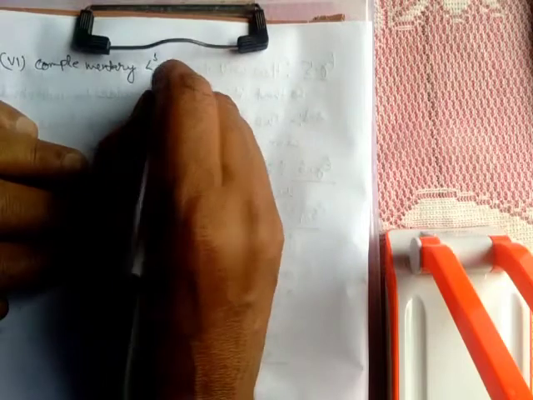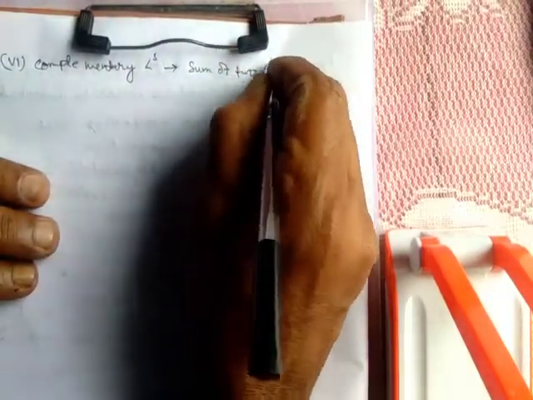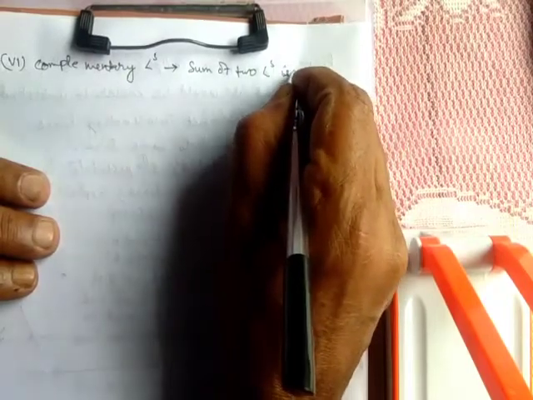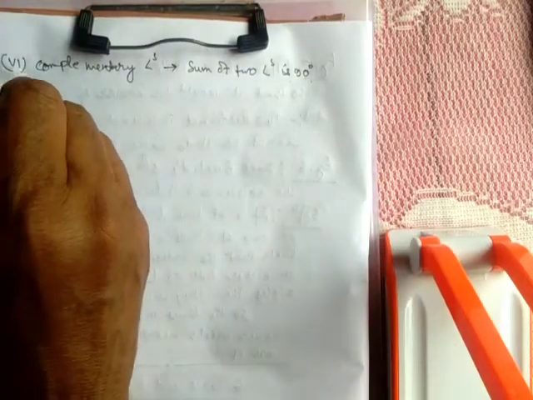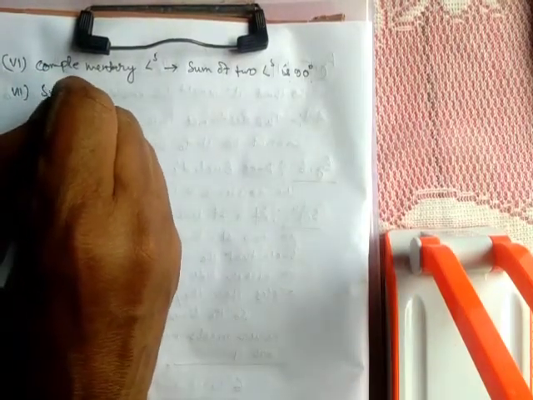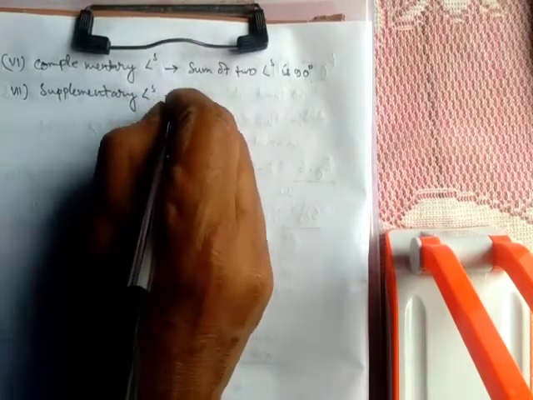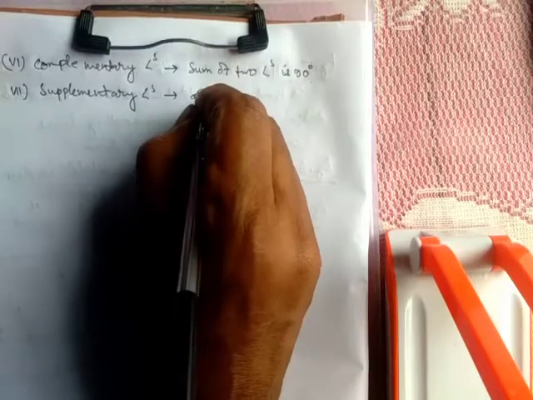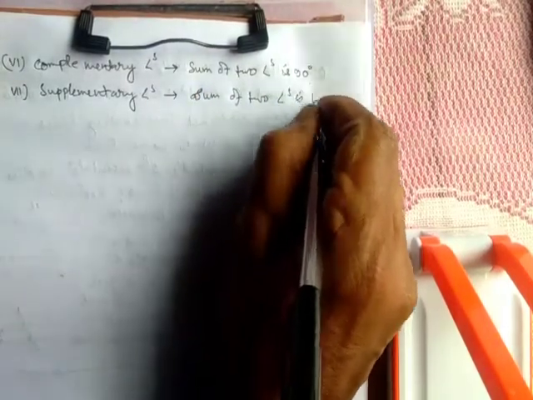In this case, the sum of the two angles is 90 degrees. Complementary angles mean 90 degrees. And supplementary angles means the sum of two angles is 180 degrees. That means supplementary angles. Right?